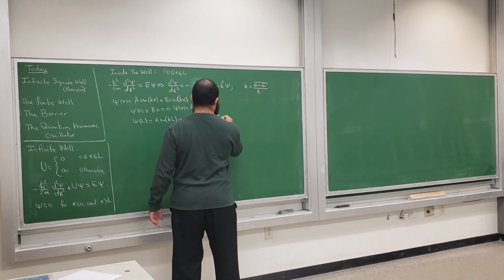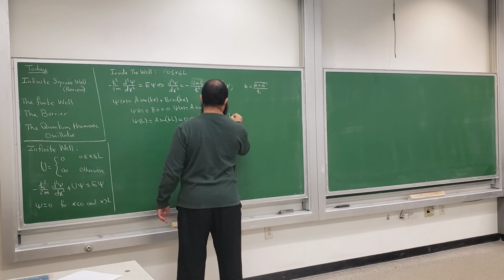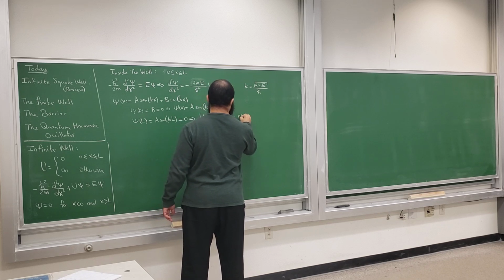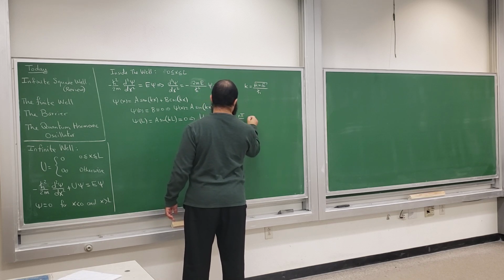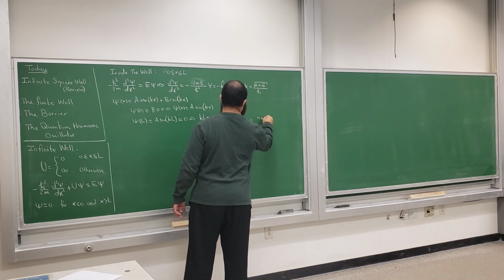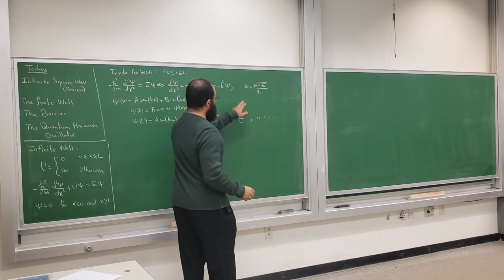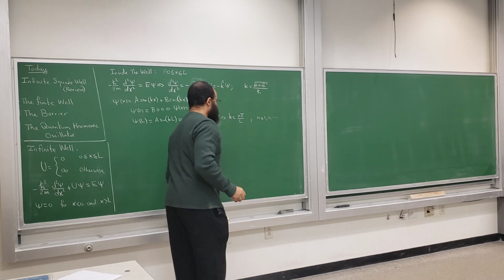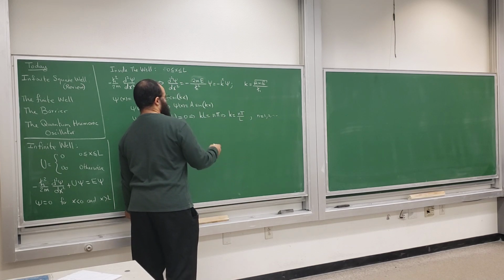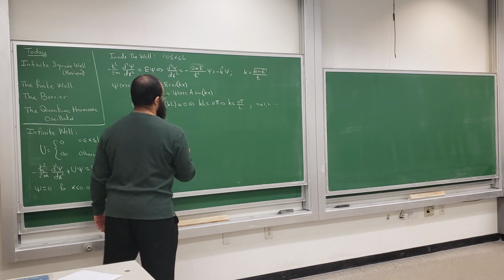So we get then k will equal n times pi divided by L, where n is 1, 2, and so on. Knowing k, we can determine the energy now. To determine the energy, you just square both sides.